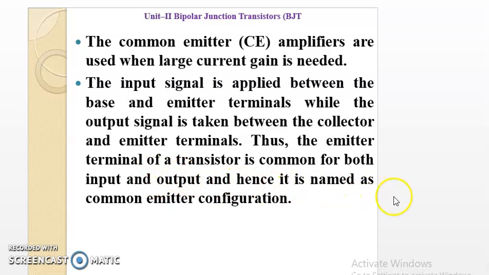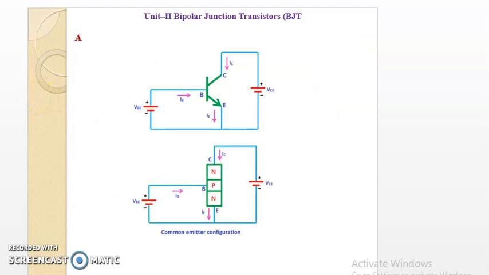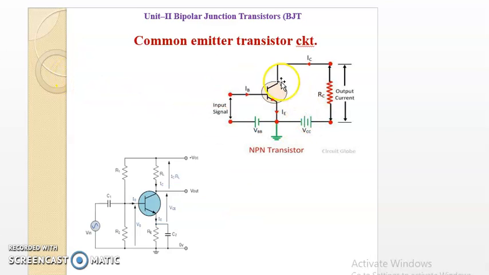Hence, it is named as common emitter configuration. The supply voltage between base and emitter is denoted by VBE. I will show you in the figure. Between emitter and base, VBE, this is the voltage.